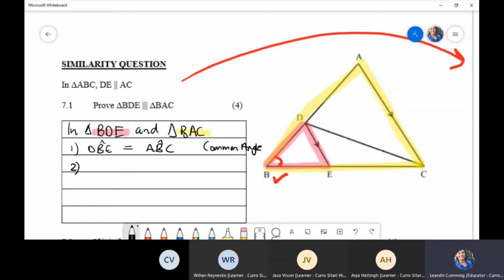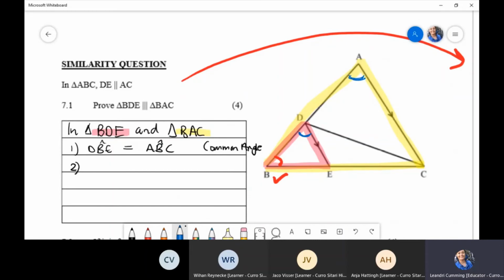The fact that we've got those parallel lines is going to help us see that we've got an angle here and here. And that is because we are working with corresponding angles.